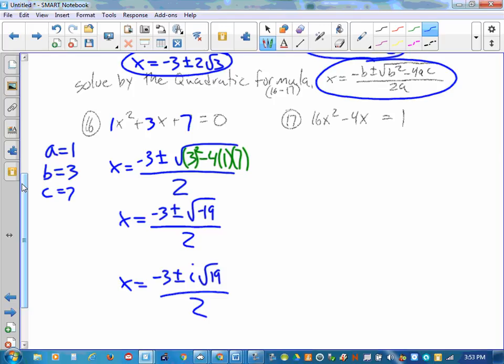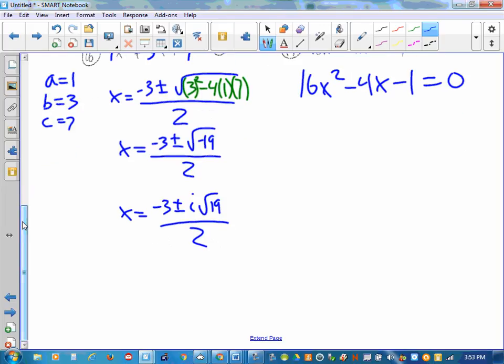Next one. We have to move over the 1, so it's 16x squared minus 4x minus 1 equals 0. To do the quadratic formula, you must set it equal to 0. Okay, identify a, b, and c. A is equal to 16, b is equal to negative 4, and c is equal to negative 1.